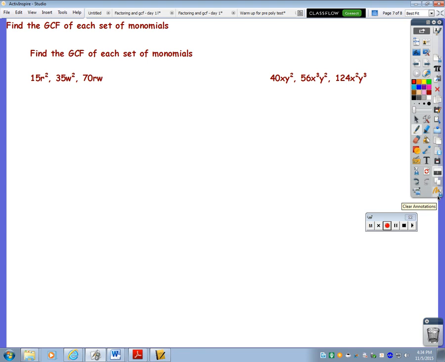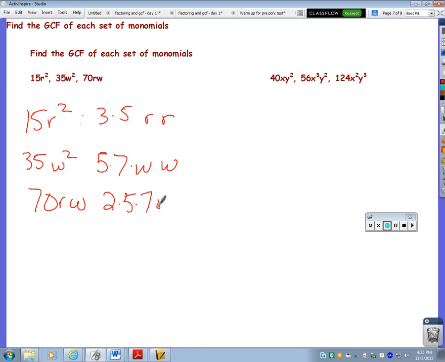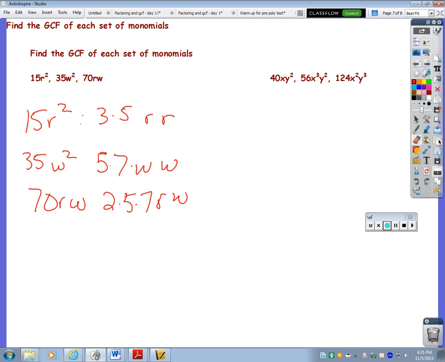Sometimes you'll have 3 numbers. I'll do the first one and let you finish the last one for homework. You'll notice here they only share one factor, and that factor is 5.